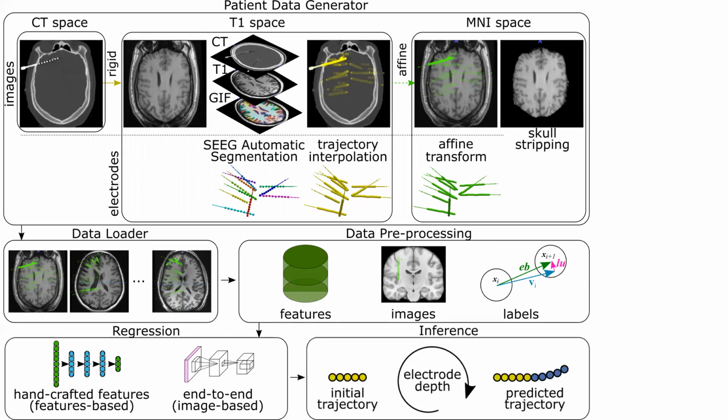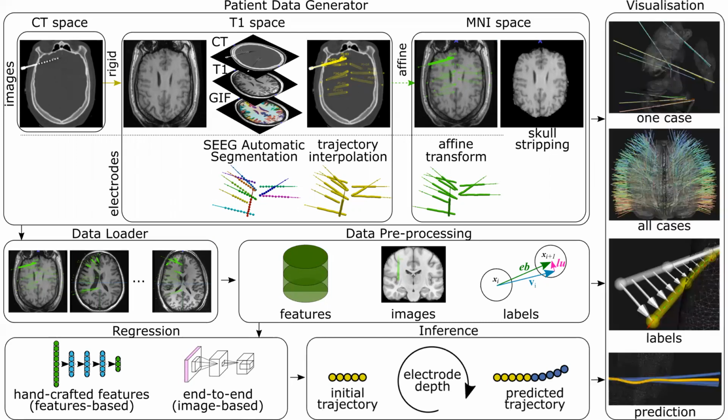Last, we use trained models for inference, whereby an initial trajectory from planning is used to iteratively infer the remainder of the trajectory up to a given electrode depth. And we have also built visualization components to understand electrode bending and predictions in the context of anatomy.